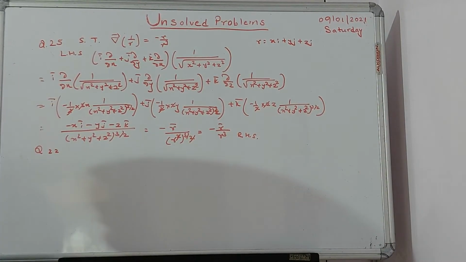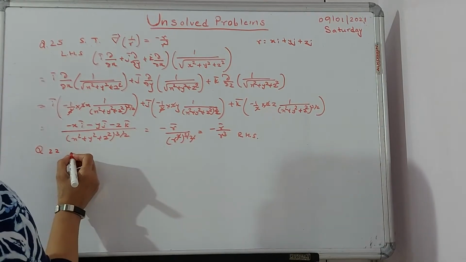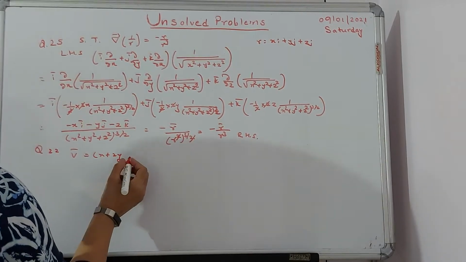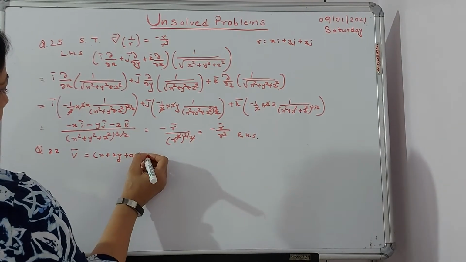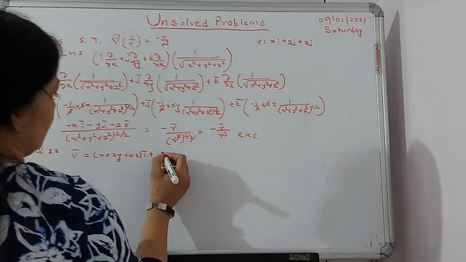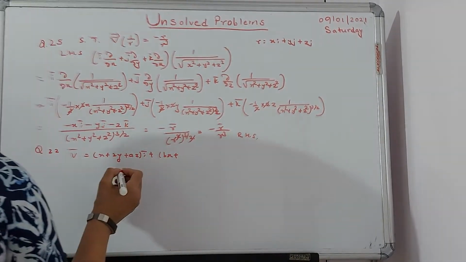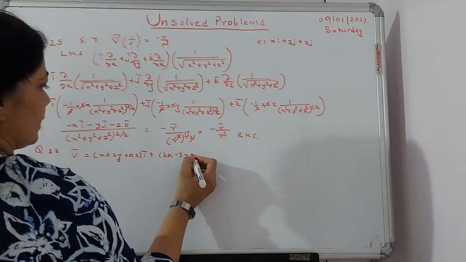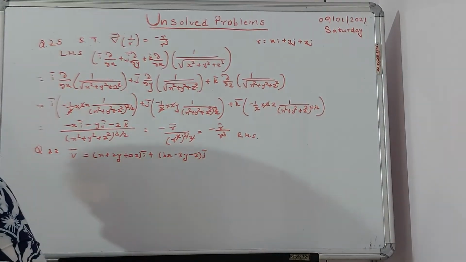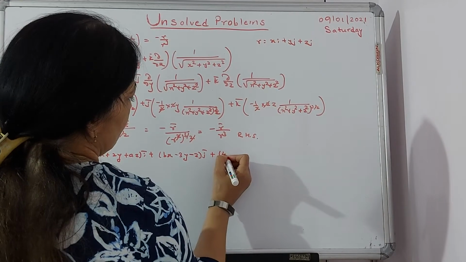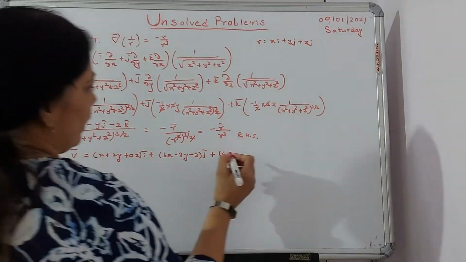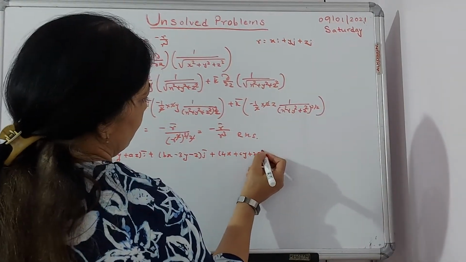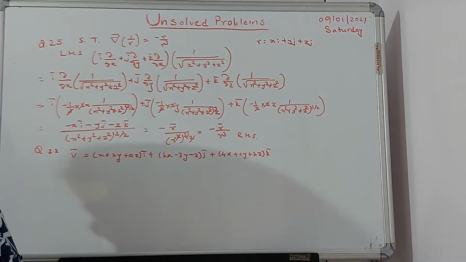It says, determine the constants a, b, c such that the vector v = (x + 2y + az) i + (bx − 3y − z) j + (4x + cy + 2z) k is irrotational.